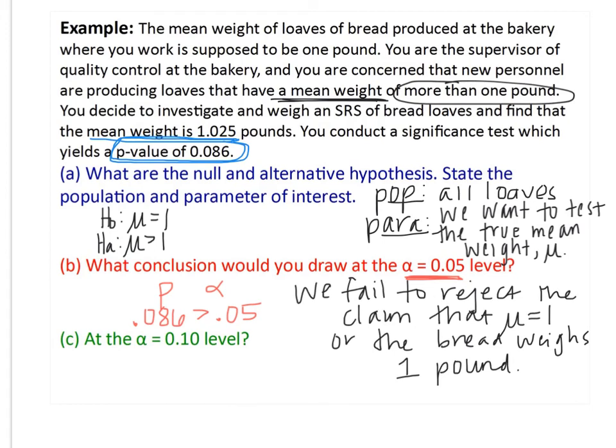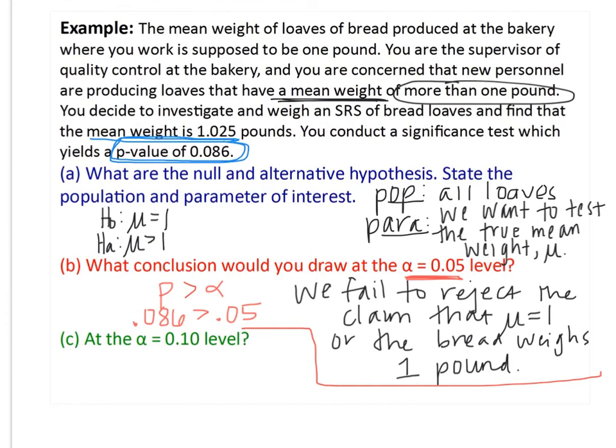So if I write my conclusion in context of the problem, that's going to be super important. I will say we fail to reject the claim that mu equals 1, or the bread weighs 1 pound. So, fail to reject if p is greater than alpha. I'll do a little greater than sign there.